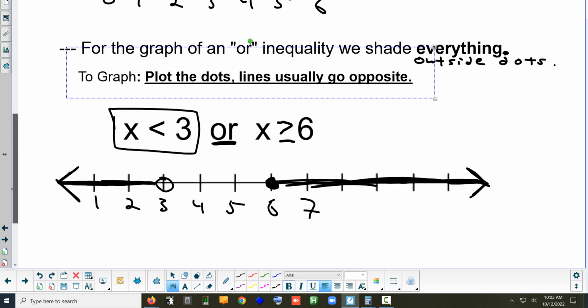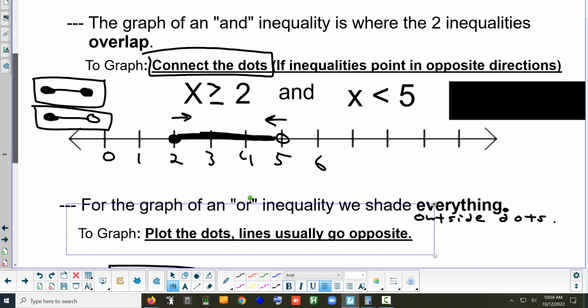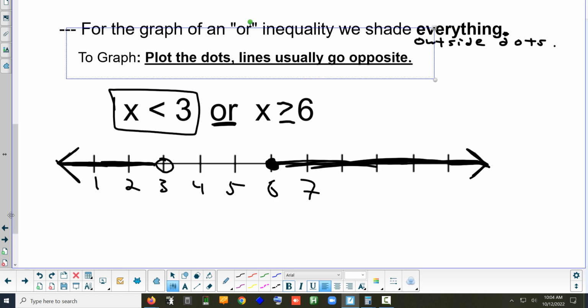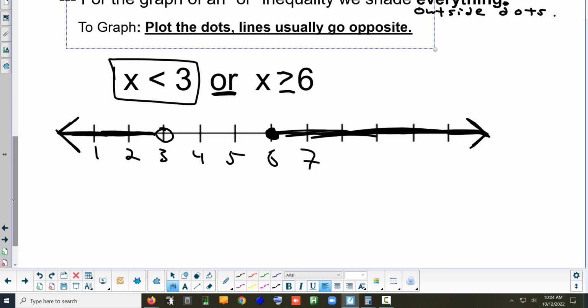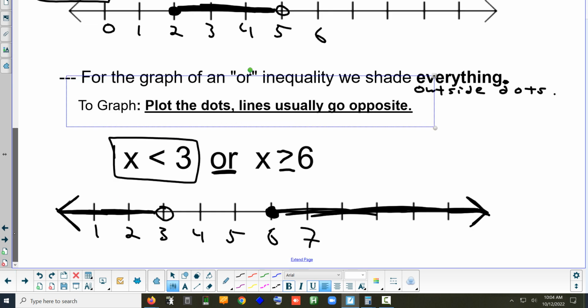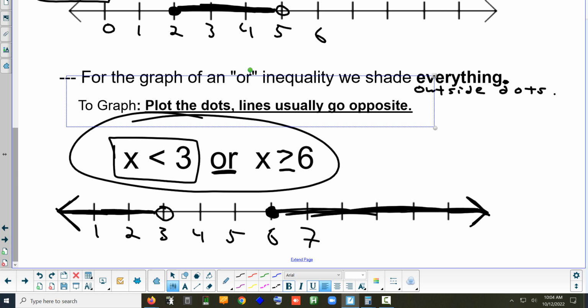So any questions on the difference between what an AND looks like compared to an OR? All right, so one thing I want to take a look at, when you write something like this whole thing, there is no shorter way to write it.